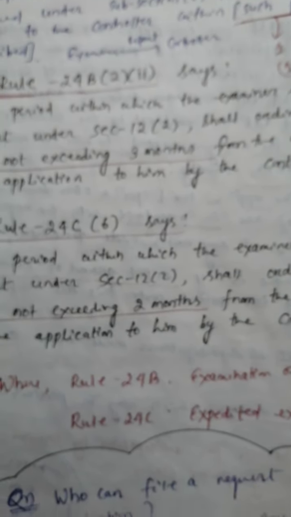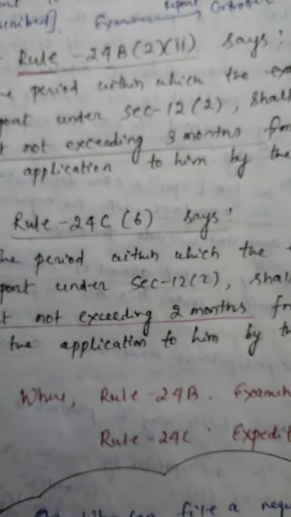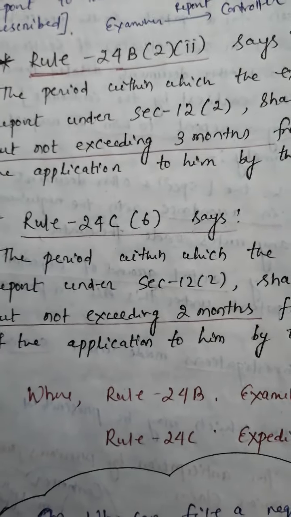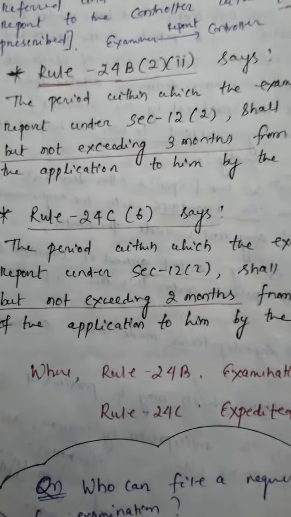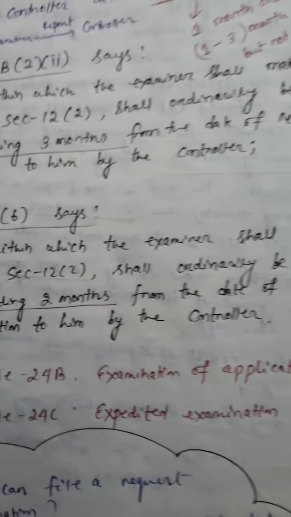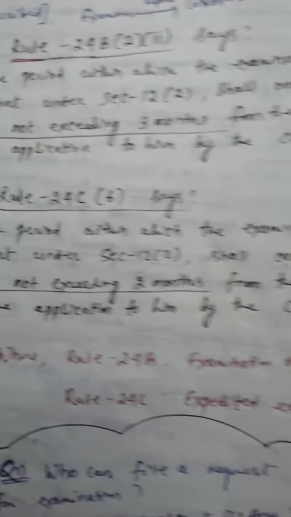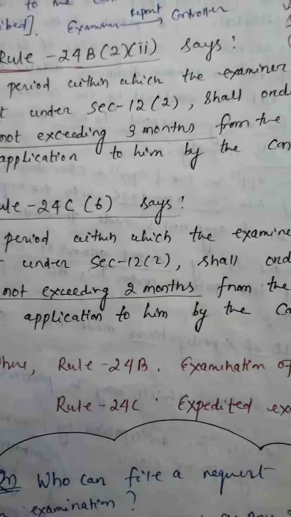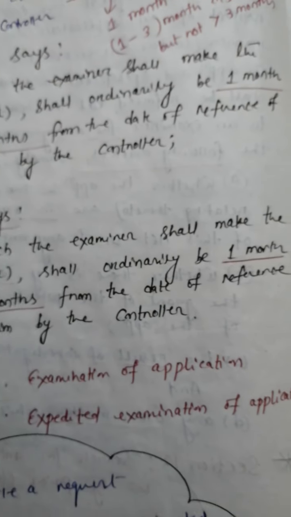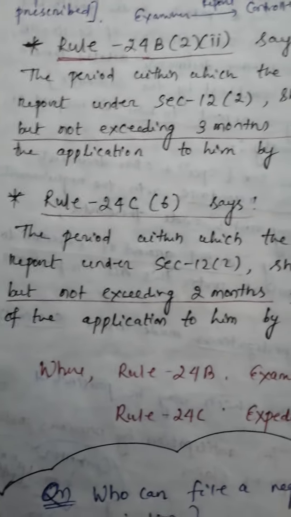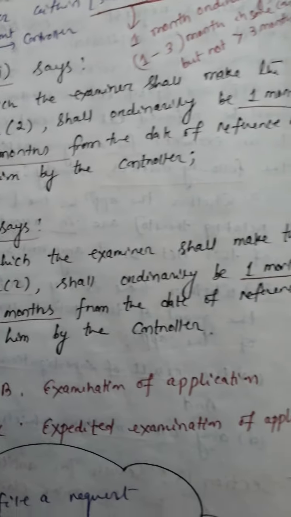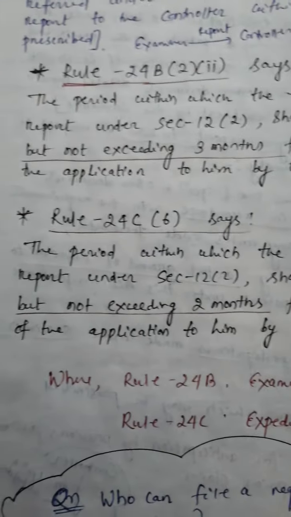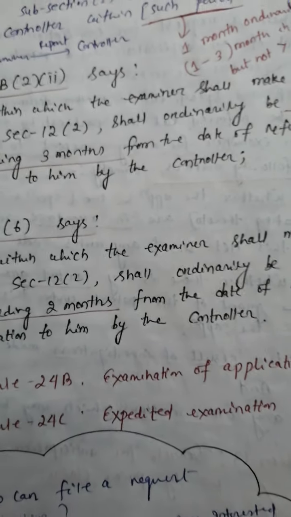Okay, next we have some rules which are closely related with this section. Rule 24B(2) says the period within which the examiner shall make the report under section 12 subsection 2 shall ordinarily be 1 month but not exceeding 3 months from the date of reference of the application to him by the controller.